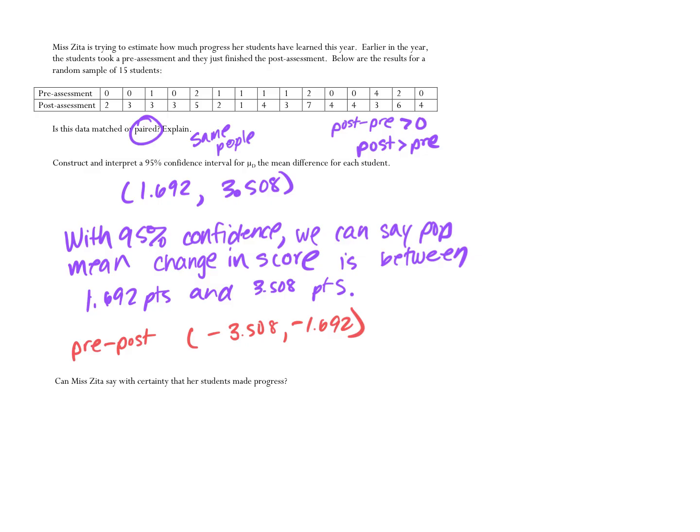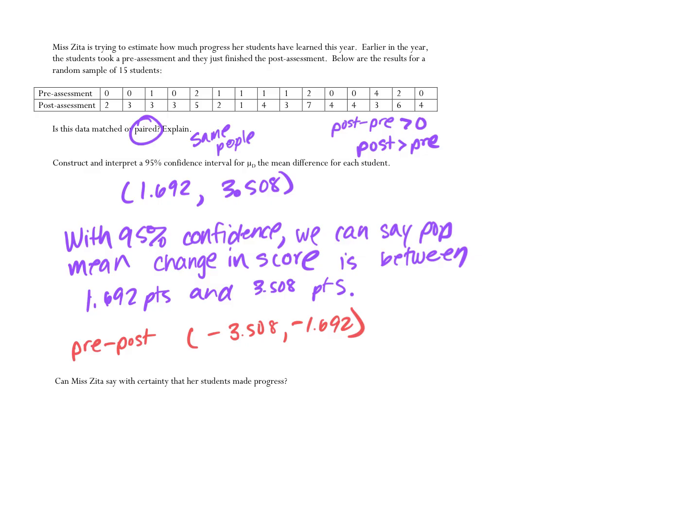And so if I were to say, hey, we looked at our list and most of the numbers were positive, that makes me think that the kids are growing. If I were to ask, can we say with certainty based off of the intervals that students made progress, that students' scores went up, can we say yes? Yes. Why? Because 0 is not in the interval.